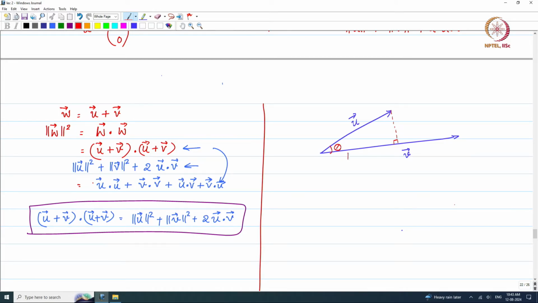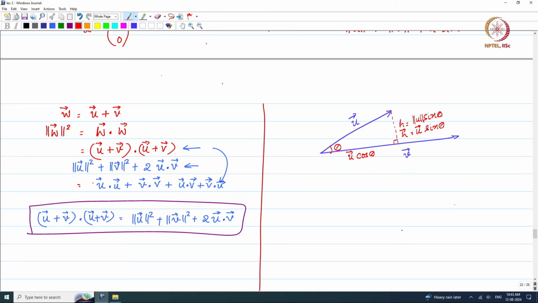We know this is going to be u cos theta, the cos theta component of the vector, and this is going to be the height, which is the magnitude of the vector multiplied with sin theta, so the height h is equal to u sin theta, right.